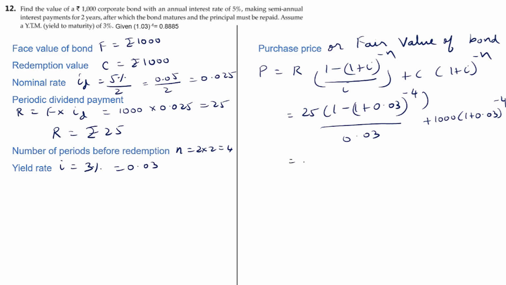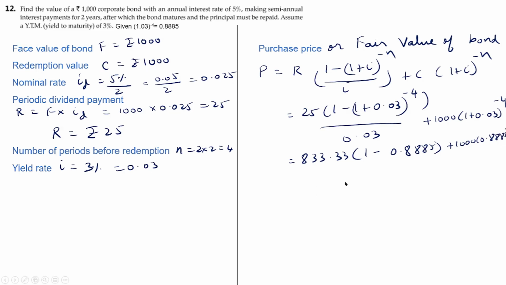So 25 upon 0.03 is 833.33 into (1 minus 0.8885) plus 1000 into 0.8885.